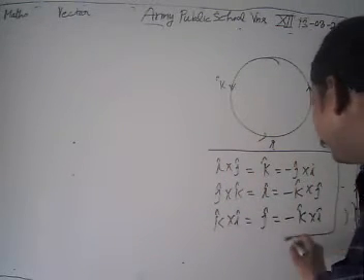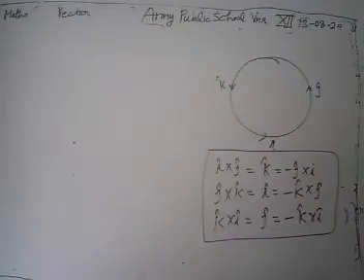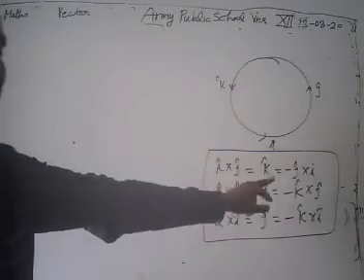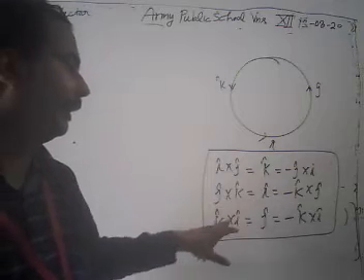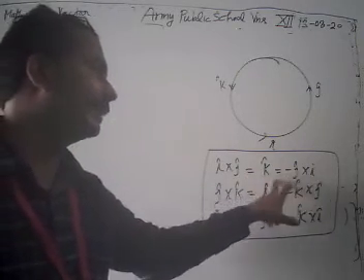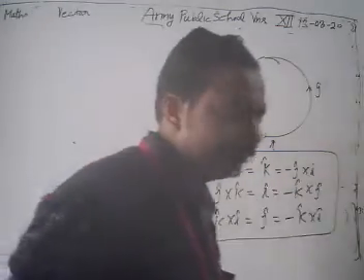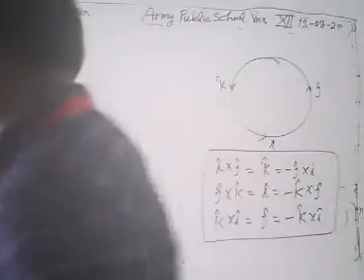Please remember this property of the cross product of mutually perpendicular unit vectors: i cross j is k, j cross k is i, and k cross i is j. Also, minus j cross i is k, minus k cross j is i, and minus i cross k is j cap.